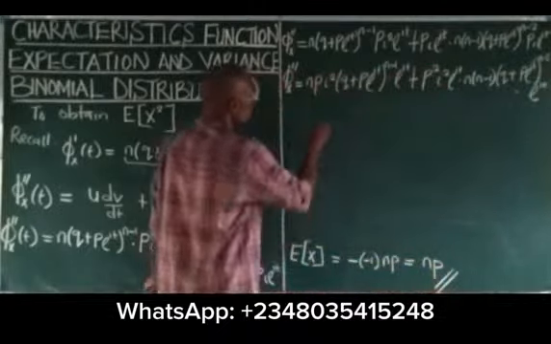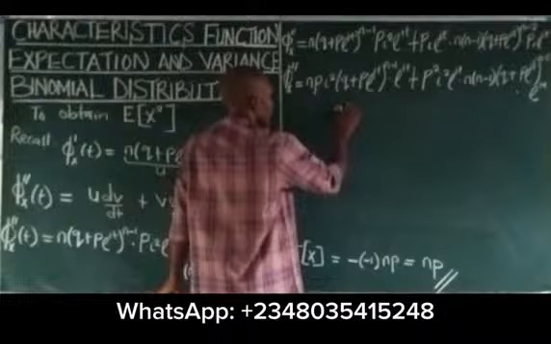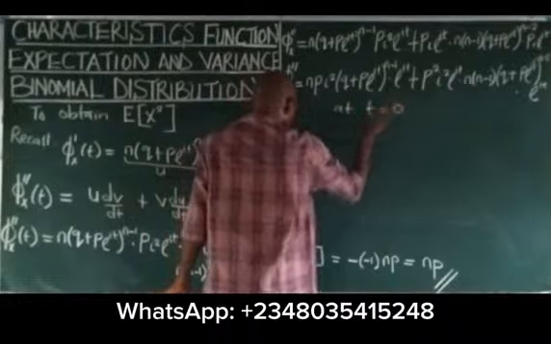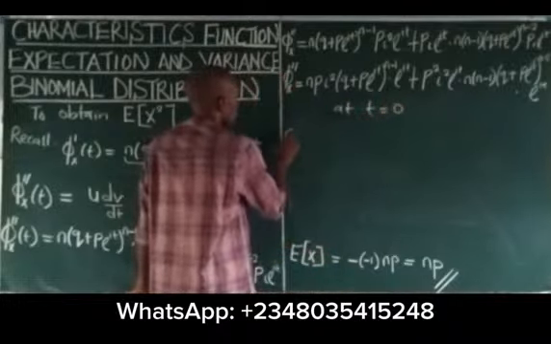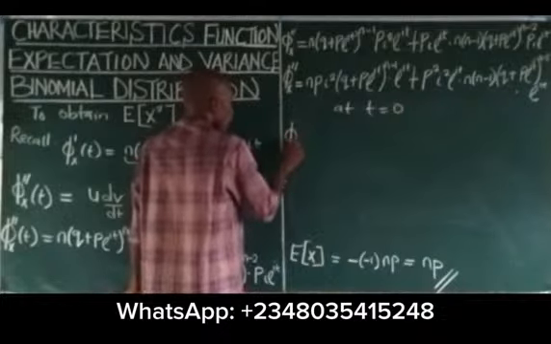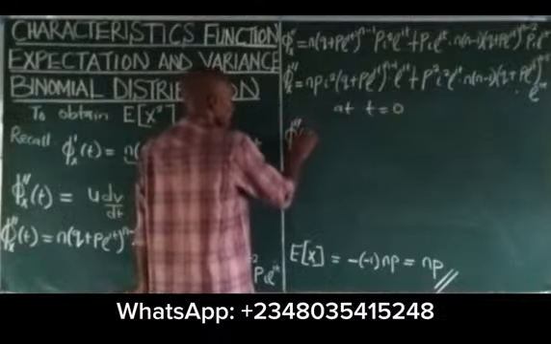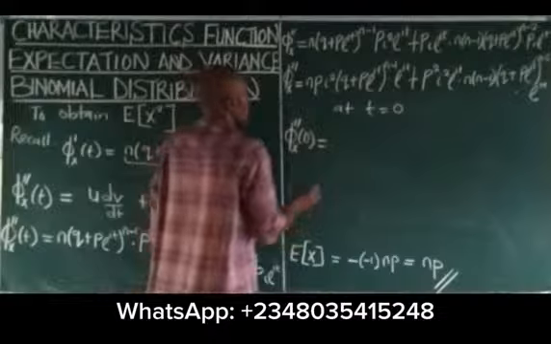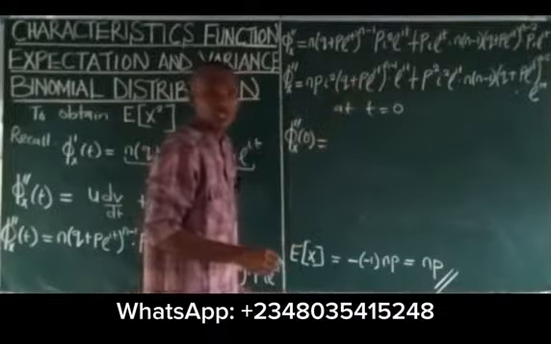So the next thing to do, we say at t is equal to 0. At t equal to 0, the characteristic function will give us, anywhere we see t, we put 0.